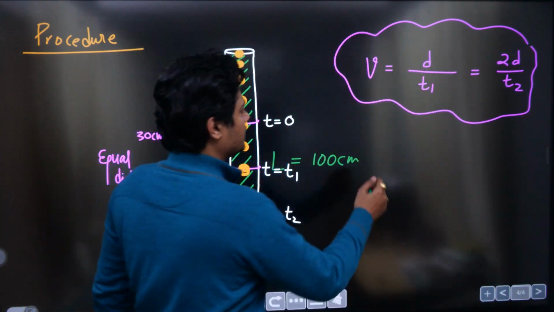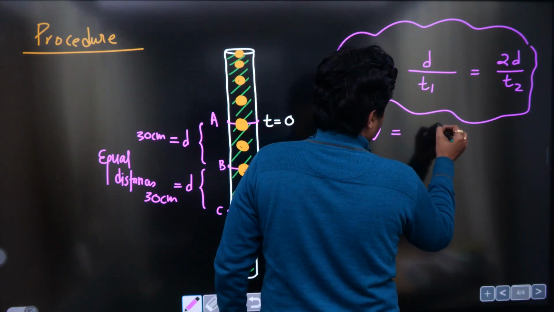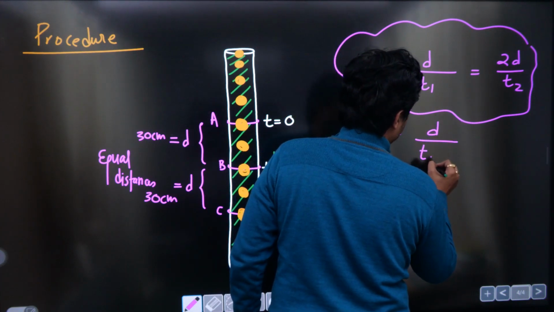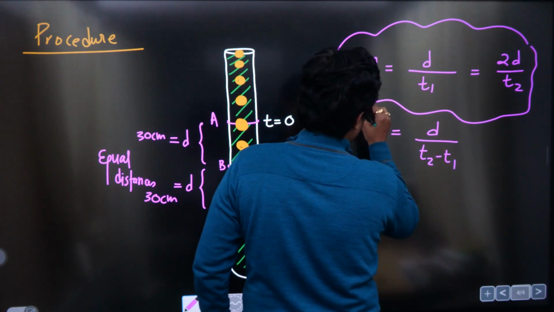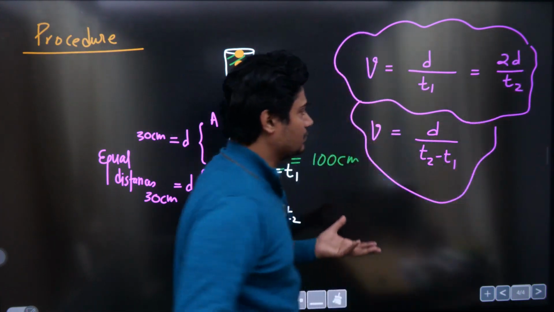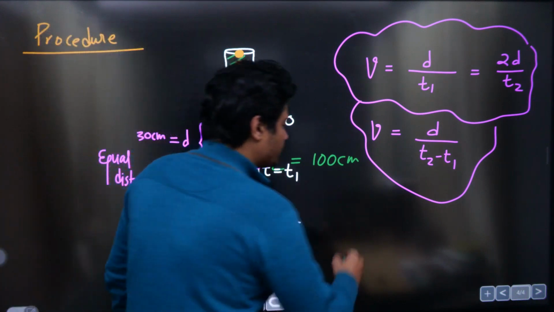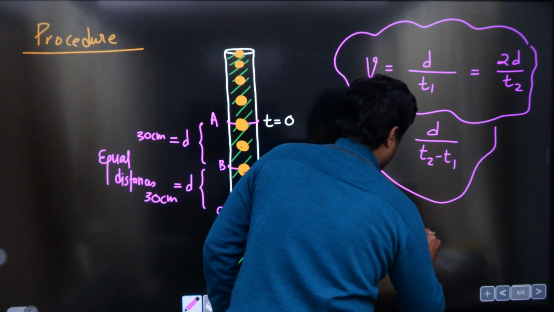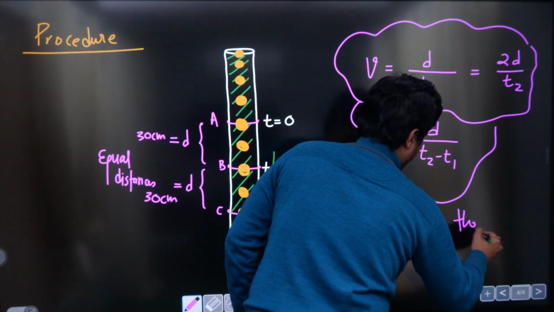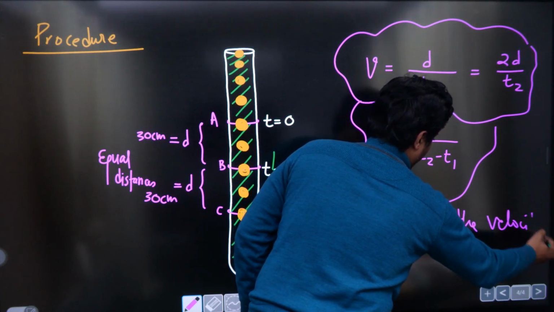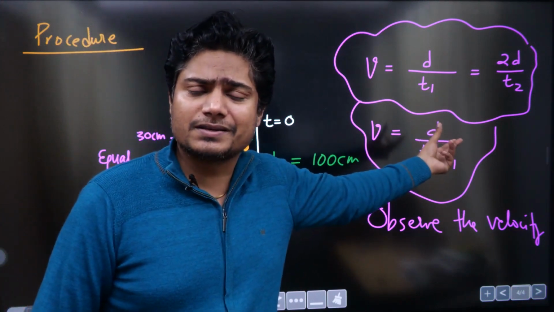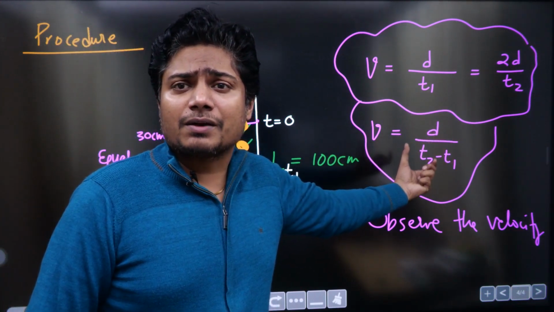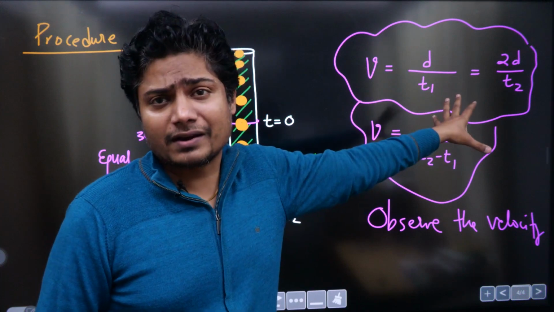Or you can also determine the speed as d by (t2 minus t1). Whatever way you calculate, these all give you the same values of velocity. So that is how you observe the velocity. Now the t is measured and the d is measured, and they will have some errors as well.